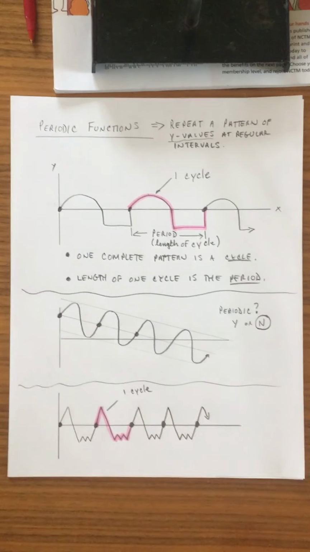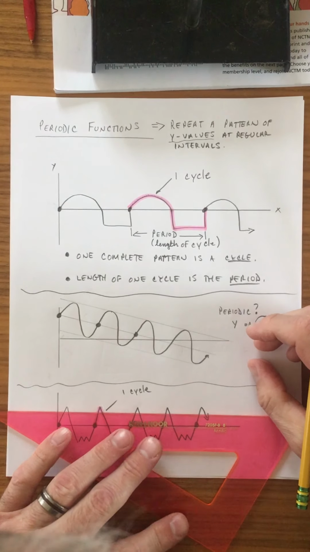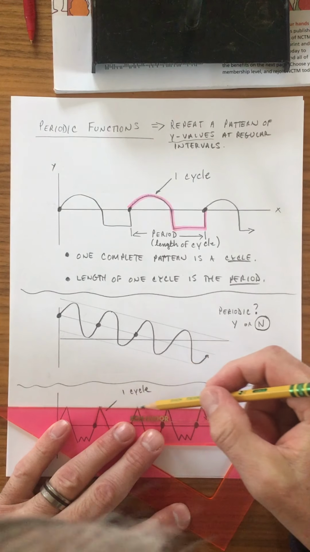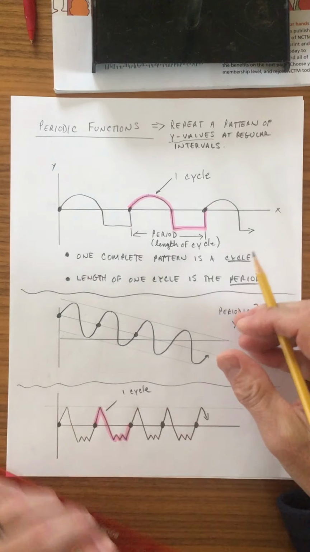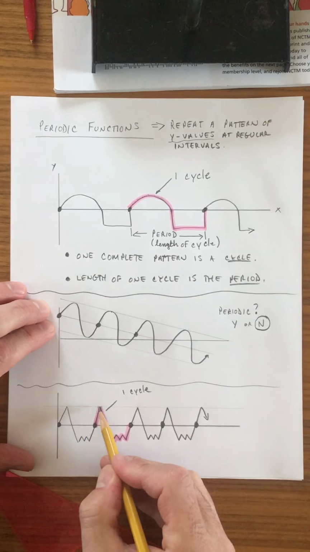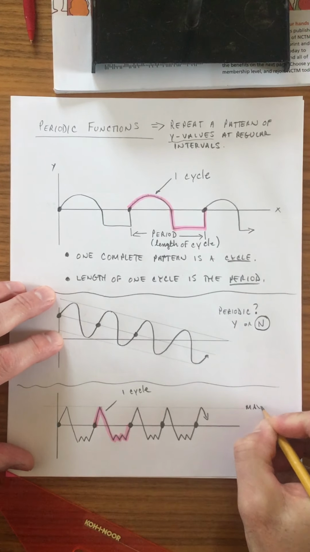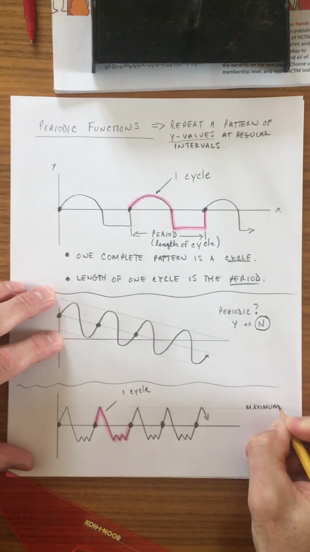And there are some definitions that we have to know. If we were to draw a very light line across the highest point at each of these cycles, this is called the maximum.